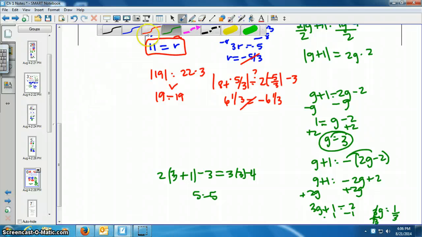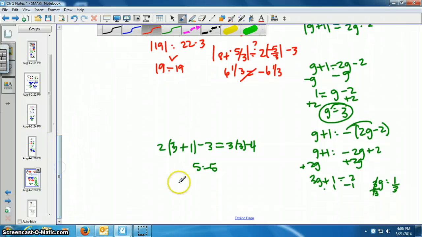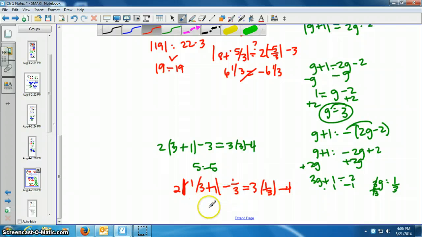And then when we tried to plug in 1/3, we would see that the absolute value of 1/3 plus 1, minus 1/3, and this is the original equation we're plugging it back into, it does not work. So we wind up with 2 1/3 on the left equaling over here negative 3, and that is not true. So this 1/3 is an extraneous solution. And the only solution to B is 3.